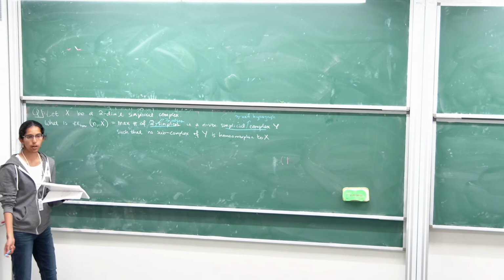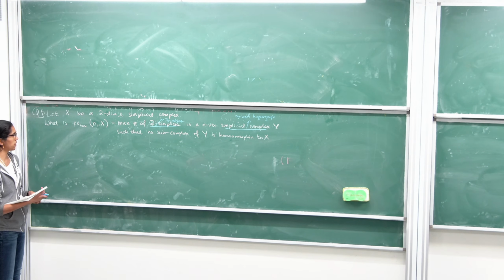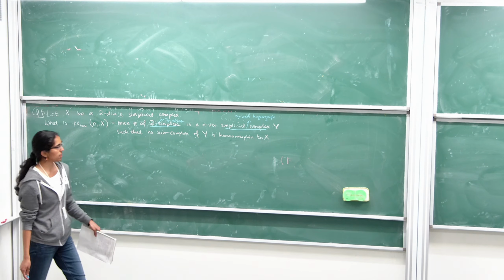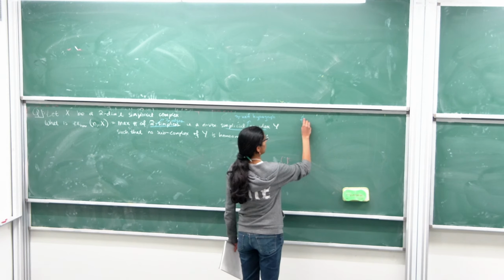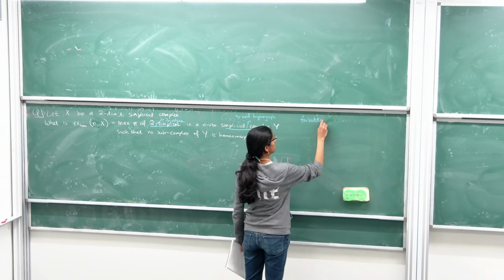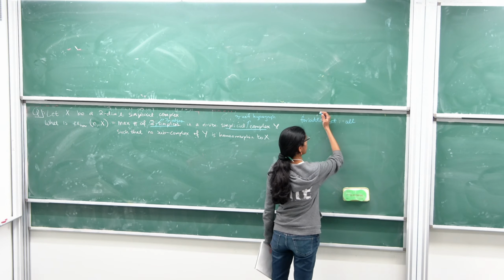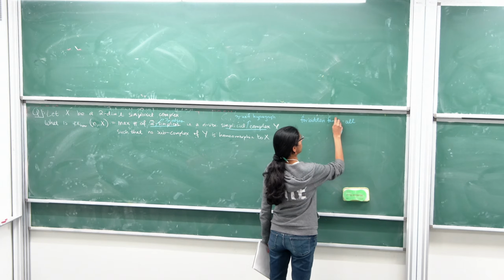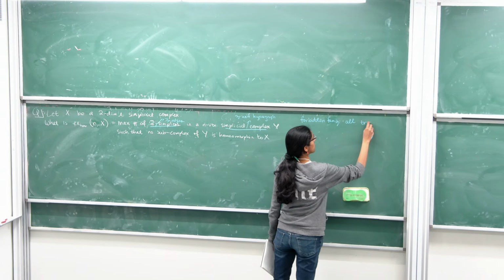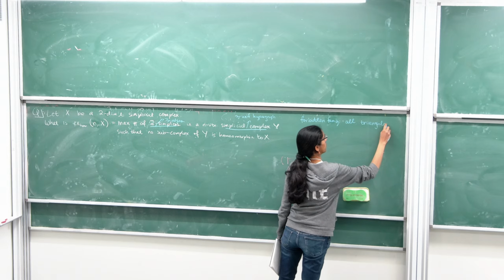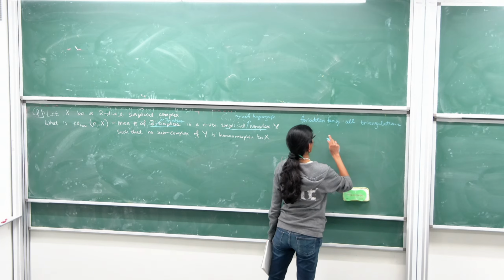This really is a hypergraph Turán problem where the forbidden family is all triangulations of the space X.